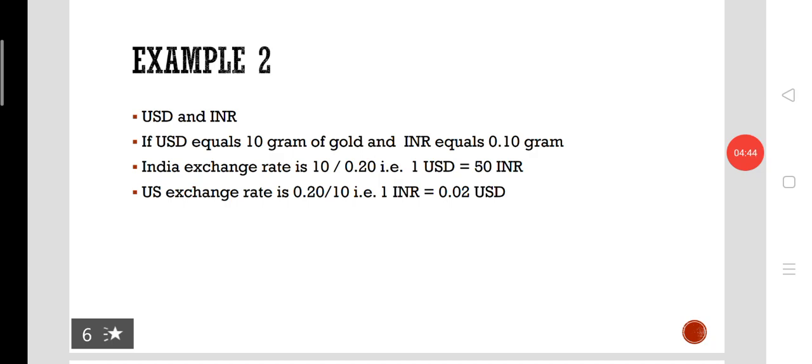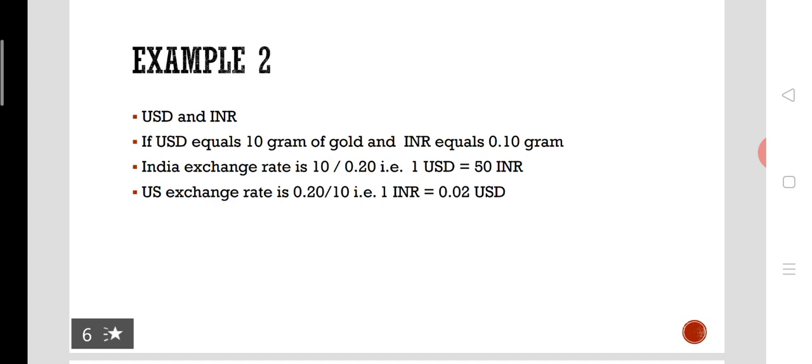So in example 2, let's take the case of the United States dollar and the Indian rupee, USD and INR. If the value of the US dollar is equal to 10 grams of gold and 1 Indian rupee equals 0.1 gram, then what is the exchange rate of India and the United States dollar?